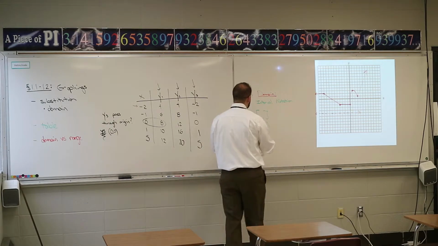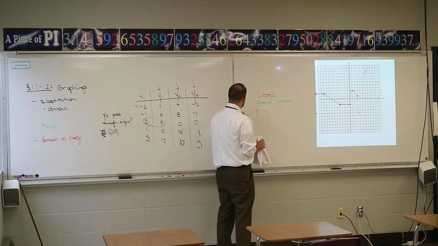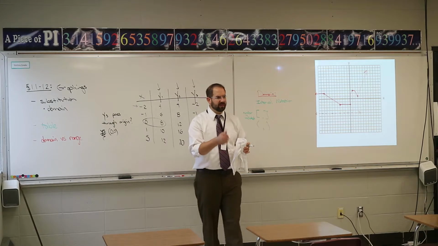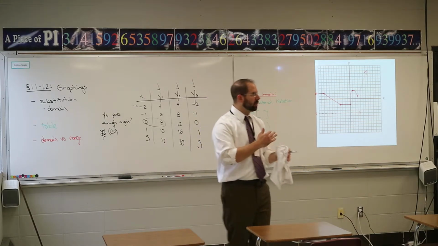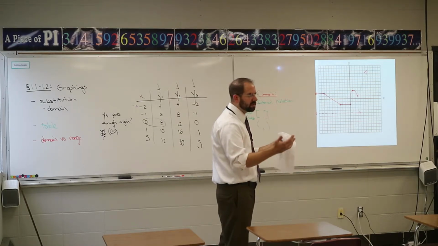So interval notation, how it works, if they use brackets, that means the number is included. That means that they have solid dots, they're filled in, it's actually like that number's included on the graph, it's being used. If there's open or gaps, you'd use parentheses.